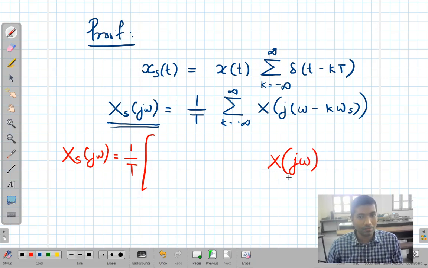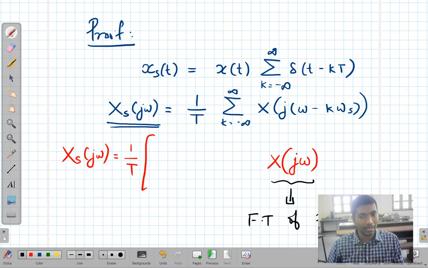What is this x of j omega? This is actually the Fourier transform of the band limited signal x of t with the highest frequency component being omega m.